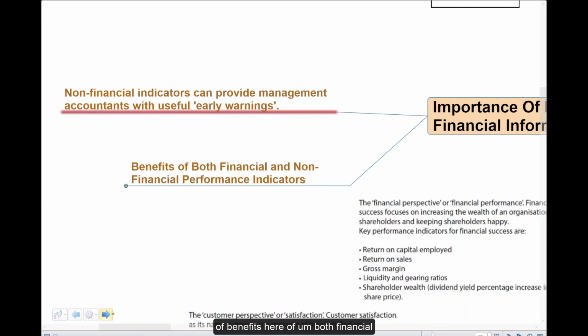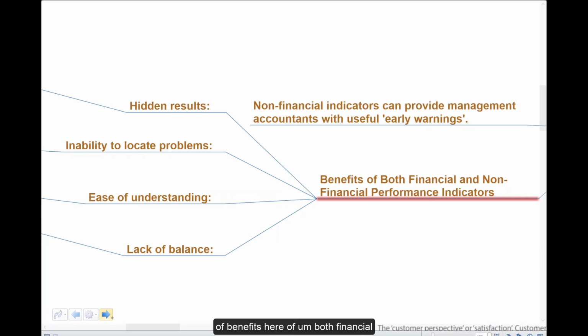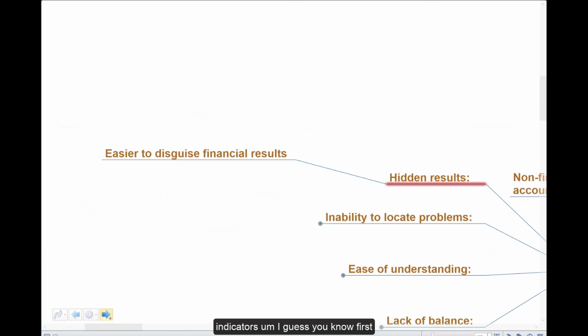So, in terms of benefits of both financial and non-financial performance indicators, first things first, the idea of hidden results. Certainly, we know human nature. With financial results, it's a little bit easier to manipulate financial information.